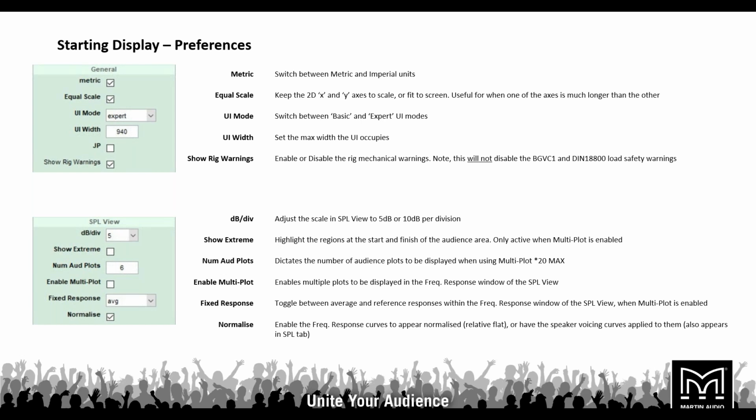And the reason why we can disable this is because quite often these arrays are put in arenas or sports centers or whatever, and people are using custom rigging solutions. There's a myriad of companies making custom rigging solutions for this type of application, so I'm not going to name any.